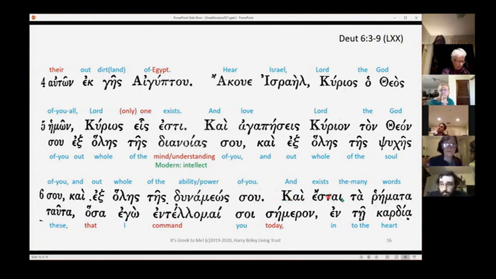And there exist the many words. Rhema is the word for word. It's the spoken word, as opposed to grammata, which is a written word, or graphos, which is written. Rhema is the spoken word. So, there exist the many words these that I, and this is the word for command.